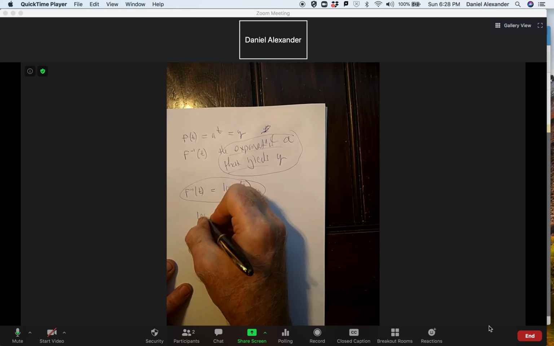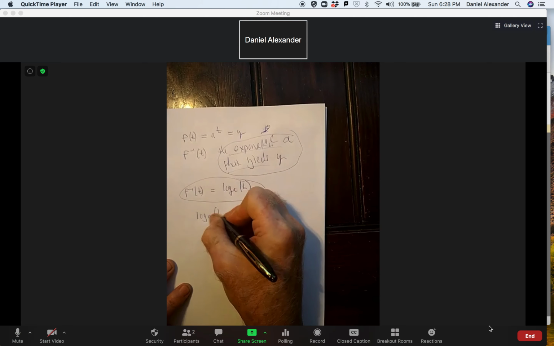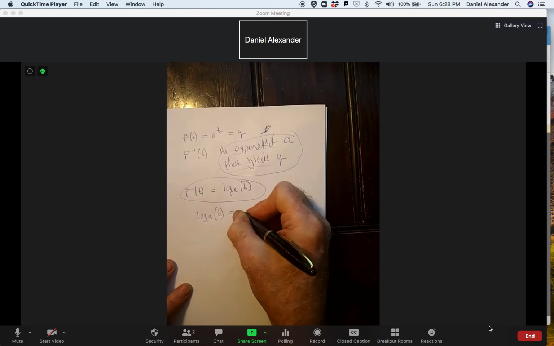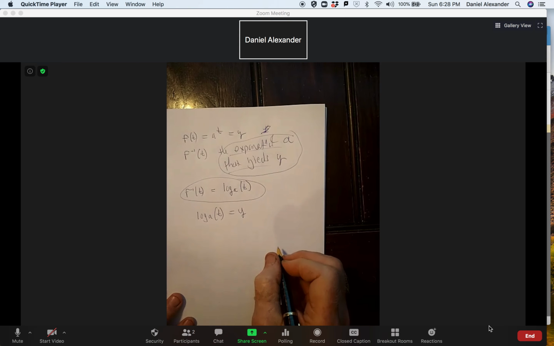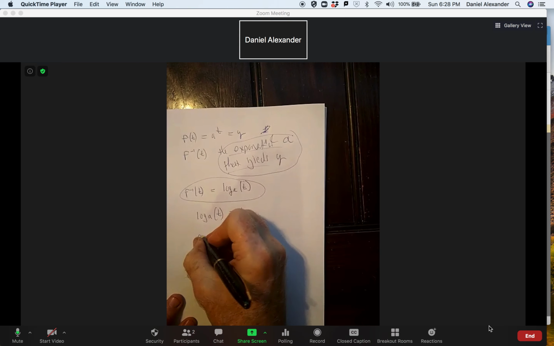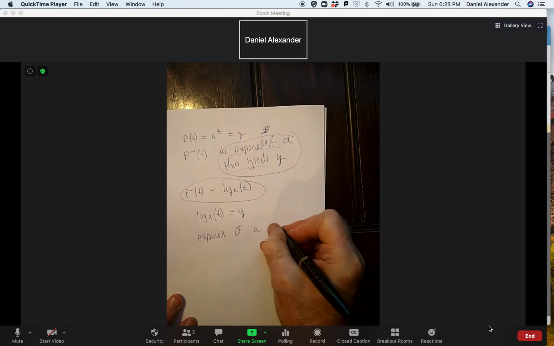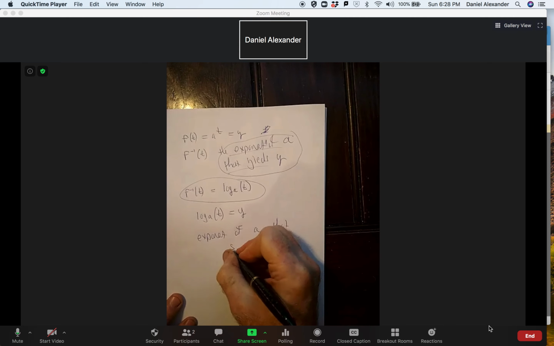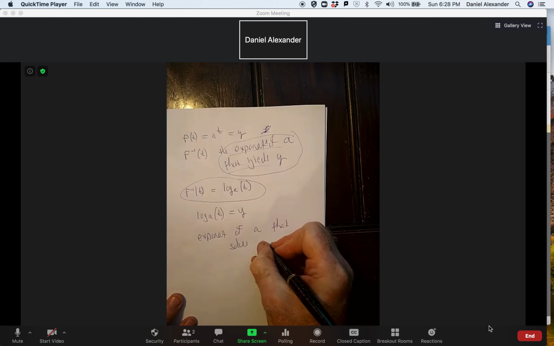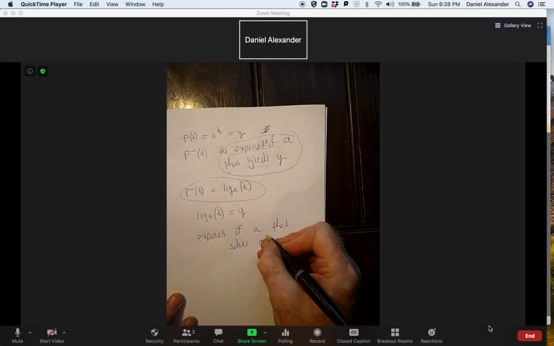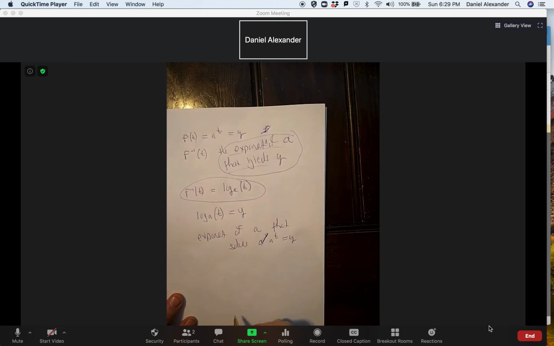Let's say I have the expression, the log base a of t equaling y. Okay, what this gives me is the exponent of a that solves a to the y, a to the y equaling t.